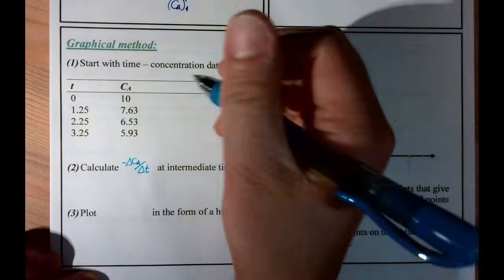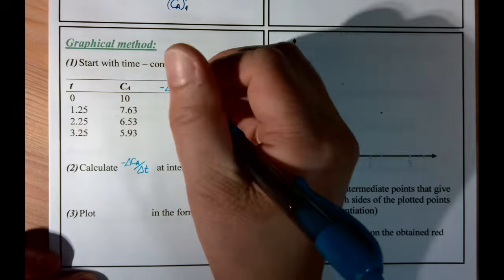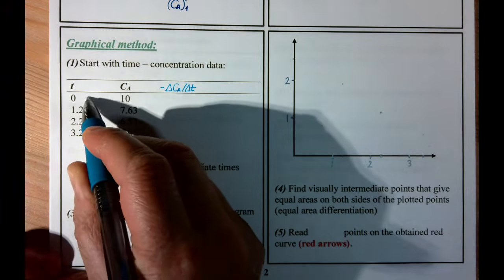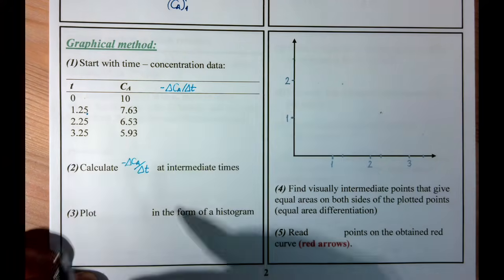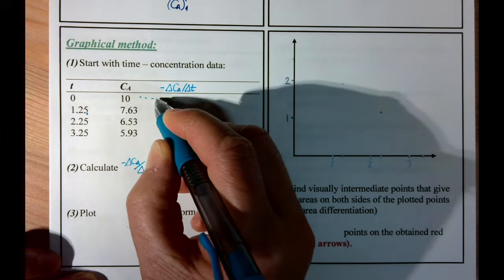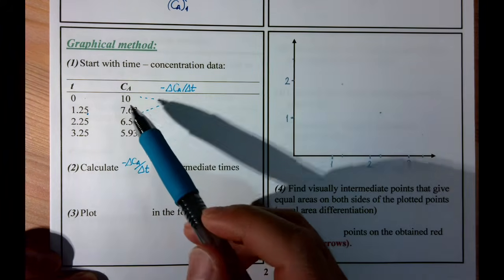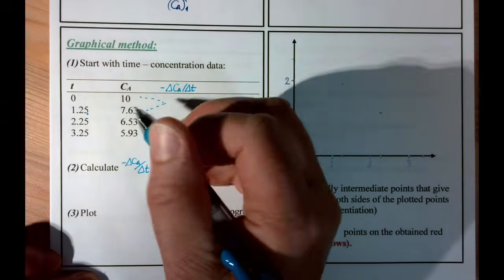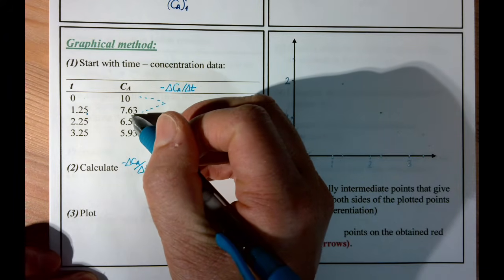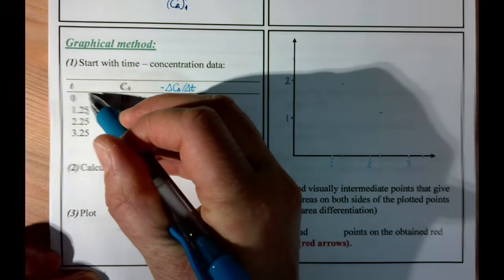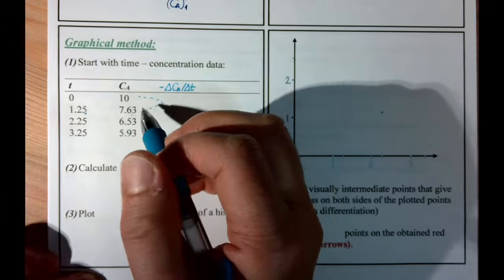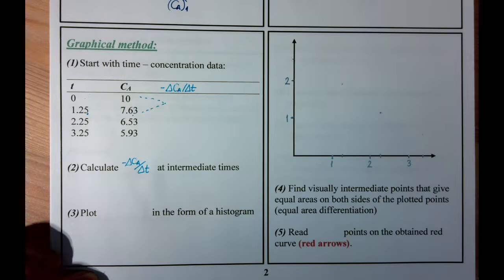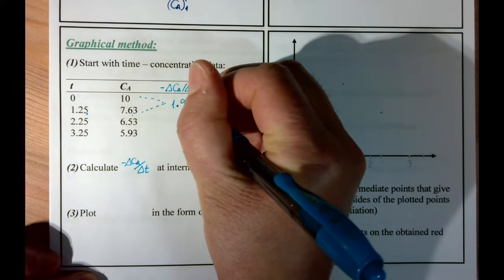So I create a new column, negative delta Ca delta T, and for my first delta T, which would be from 0 to 1.25, let's say it's minutes, I calculate the delta C. So my answer here would be 10 minus 7.63 divided by 1.25 minus 0, and I would have 1.9 here.